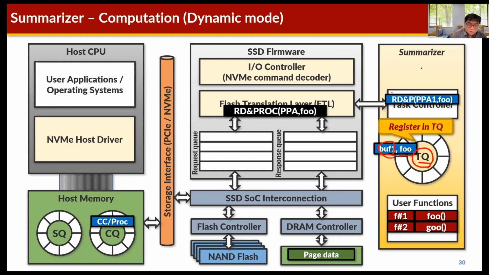But with the summarizer framework, this page data will be processed by the summarizer, that is, by the SSD processor. So instead of transferring page data to the host memory, the summarizer just returns a special completion code to the host memory.